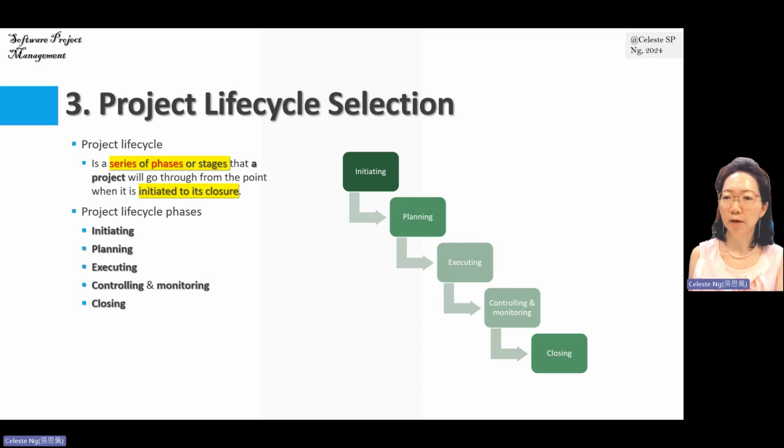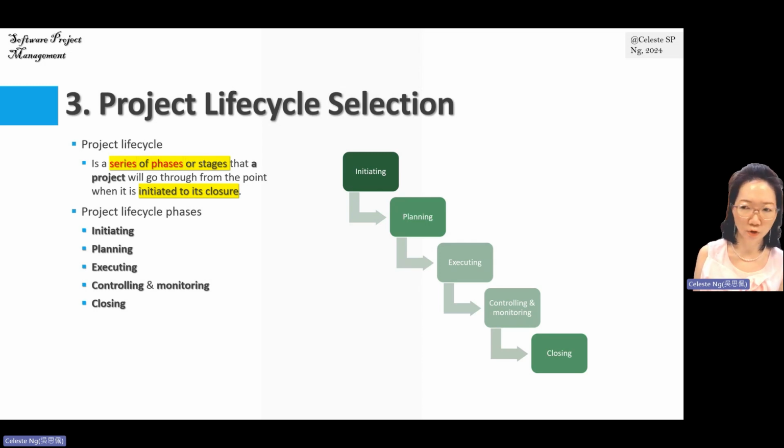For example, if my project is about developing an information system, then during this phase we have system analysis, system design, system coding, system testing, and also system implementation. This kind of task work is carried out in the executing phase.